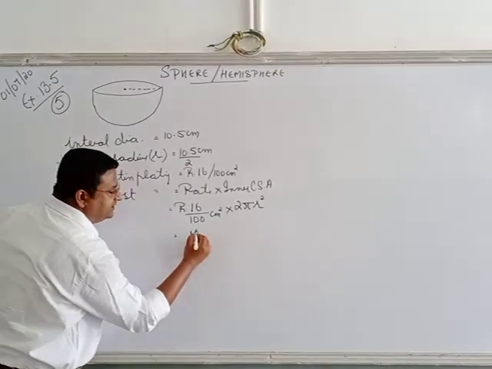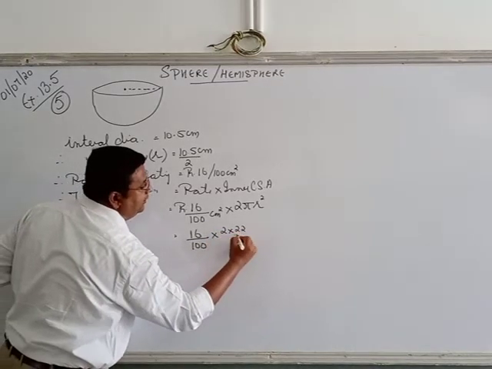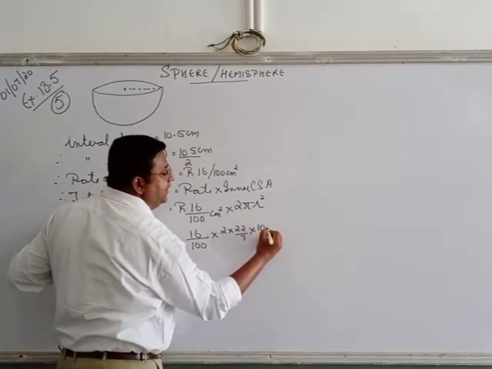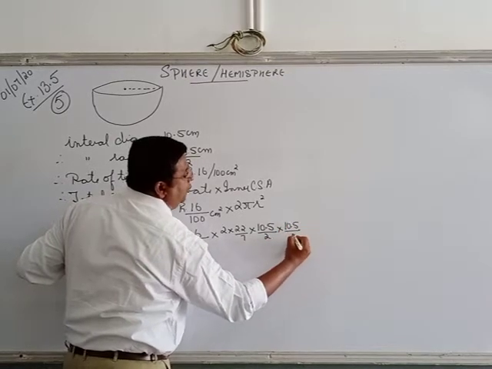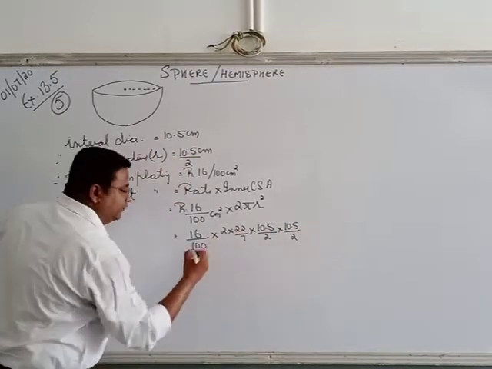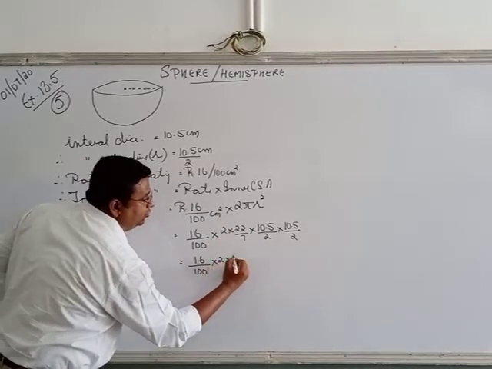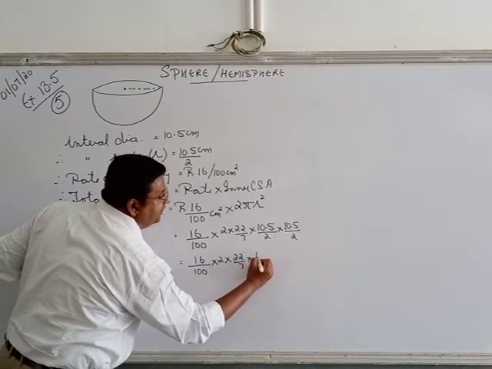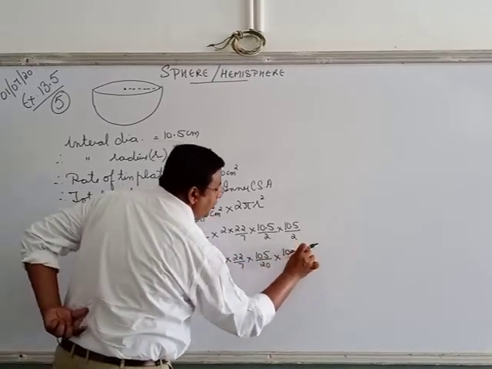Substitute it. 16 upon 100 into 2 into pi 22 upon 7 into r square 10.5 upon 2 into 10.5 upon 2. Remove the decimal places. 16 upon 100 into 2 into 22 upon 7 into 105 upon 20 into 105 upon 20.